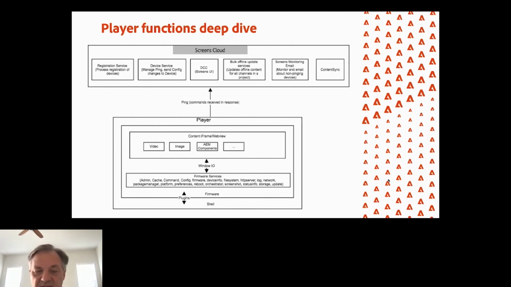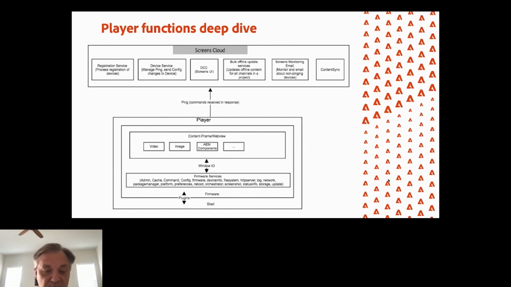On the player side, we're utilizing AEM components in an iframe. It's basically the player is a shell that utilizes a firmware service, essentially local host and local storage. And it allows us to do things that a normal browser would not normally do.